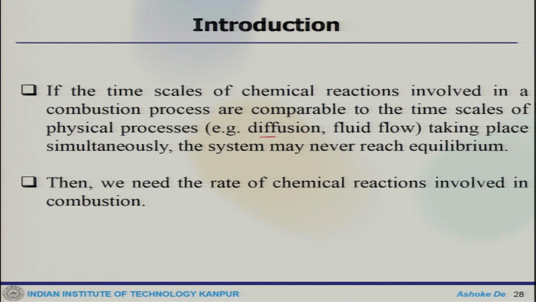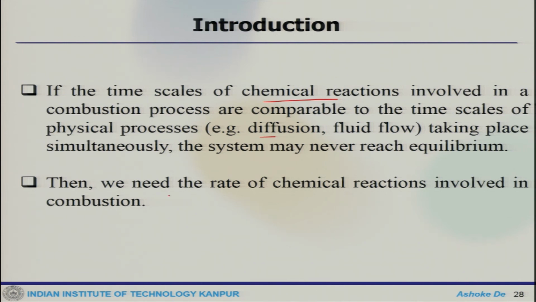So, the system may never reach equilibrium. Immediately another aspect comes into the picture: there is convection taking place due to fluid dynamic behavior, and that allows diffusion to take place, and the time scales are quite different. Typically in any reacting system, the time scale of chemical reaction is quite different from these other time scales. So, another important issue is how one has to deal with these different time scales.